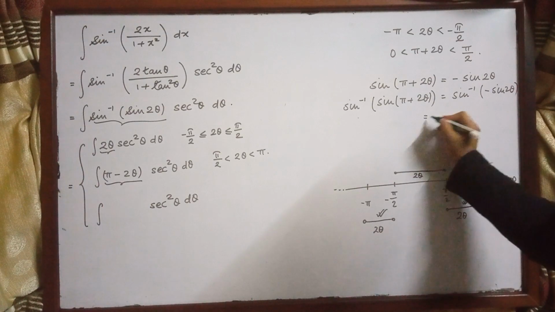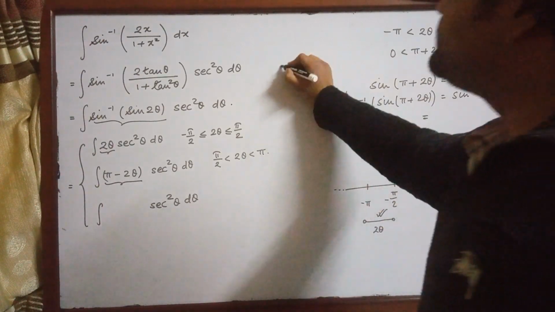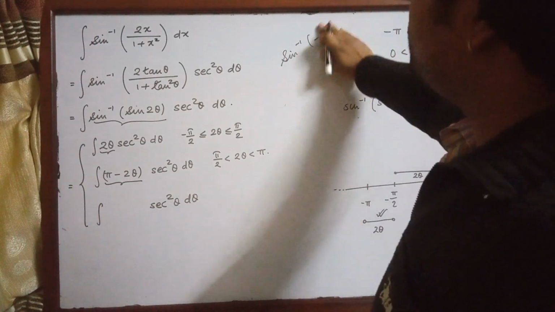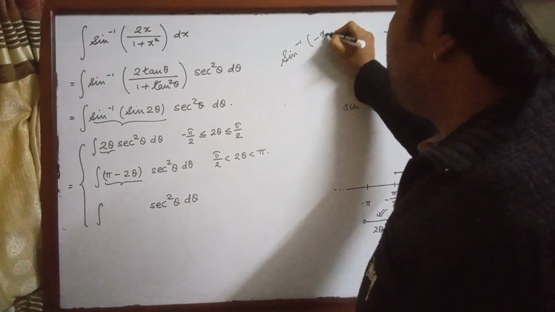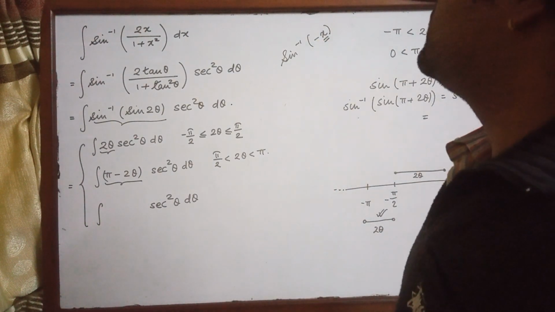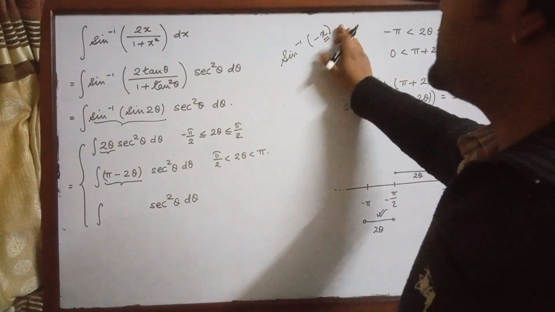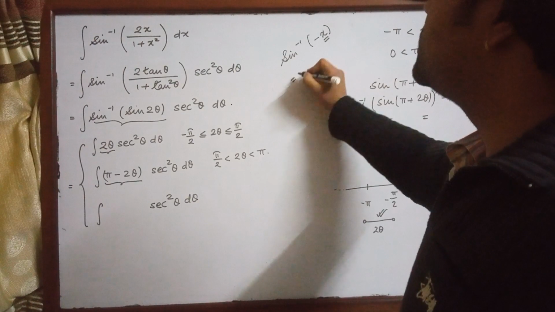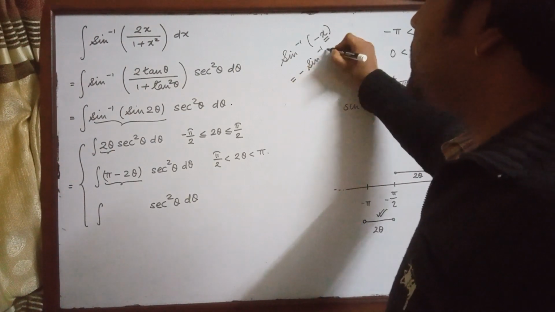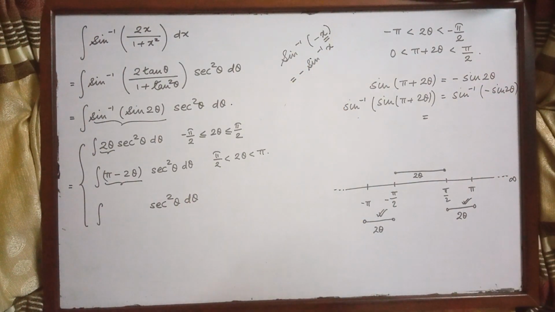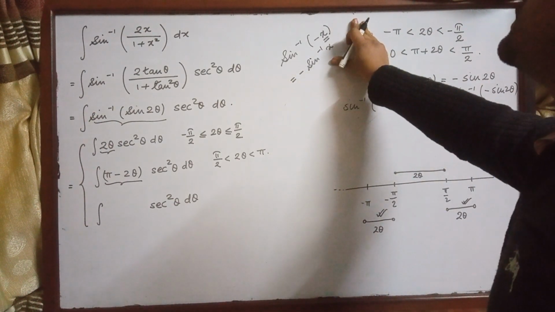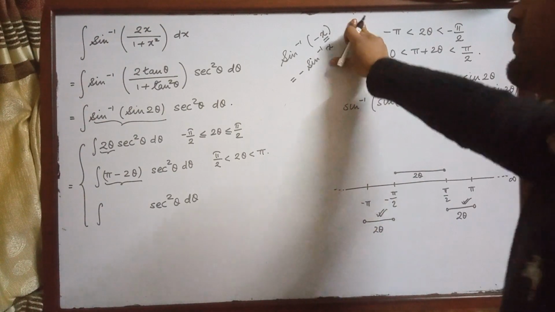then what we can do is that we know sine inverse of minus whatever we have inside, as long as x has a valid value, as long as this value is permissible or admissible, we can write it like this, as long as x is between minus 1 and 1.